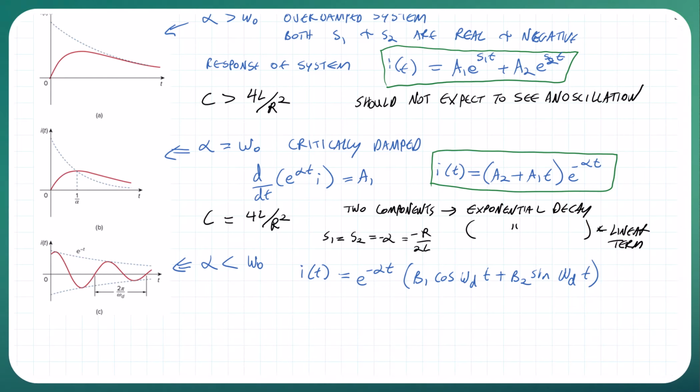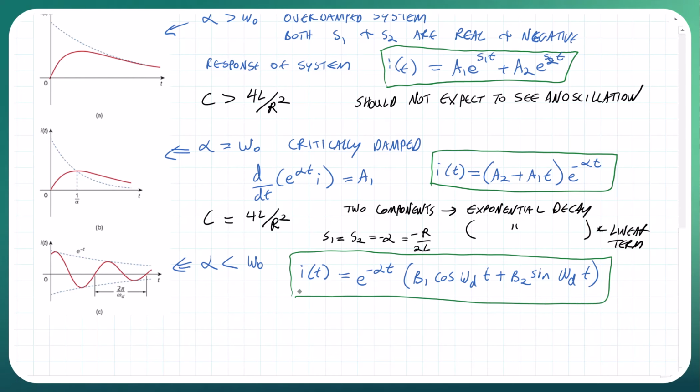Okay, and we'll define what those guys are in a second. So let's just highlight this guy for an underdamped system. Let's go ahead and write this down here. Underdamped system. And this is again for series RLC circuits.